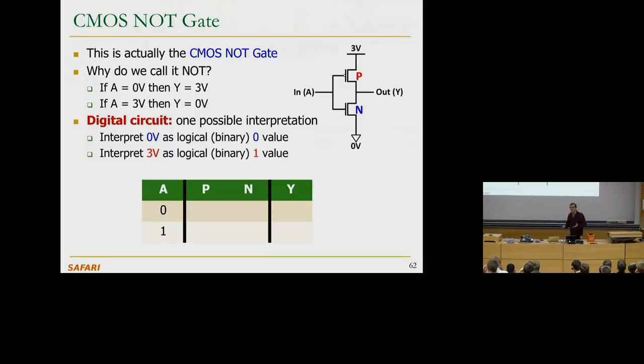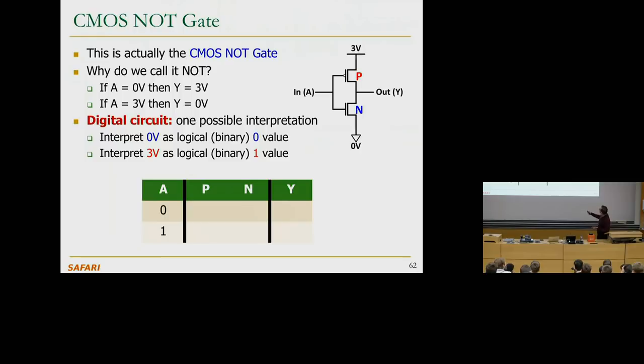Okay, now we can actually form a truth table of how this transistor works. With any logic gate, you can describe any logic gate or any circuit with a truth table. What is a truth table? A truth table basically, for every possible value of the inputs, gives you all the values of the output. So this is the input.